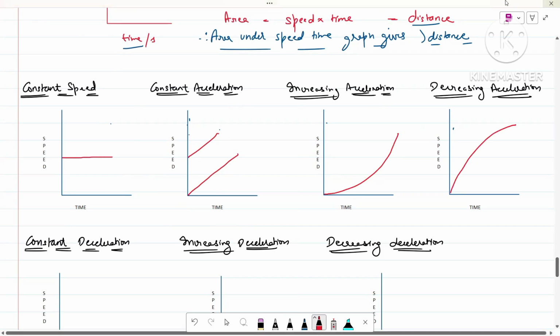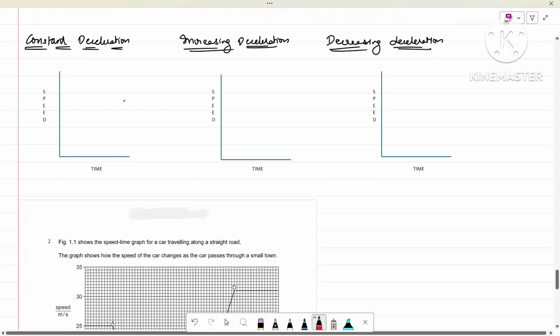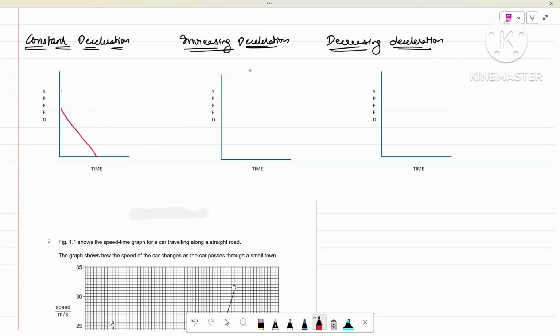Now constant deceleration. When it is constant deceleration, this means speed is decreasing with time. So you can draw this graph. Increasing deceleration means speed is decreasing, but its gradient is increasing.